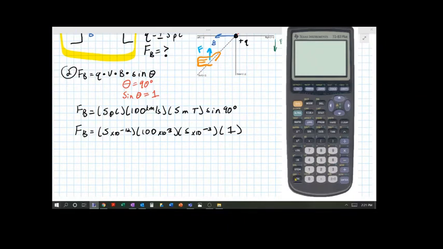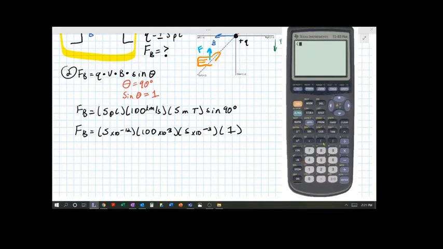Make sure, if you're calculating the sine, like if you forget what the sine of 90 degrees is, that you are putting your calculator in degrees. Use the arrows to go down and then go over and hit degrees before you do anything with the sine. Alright.